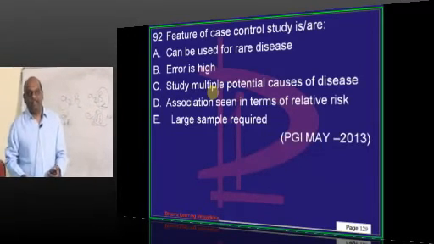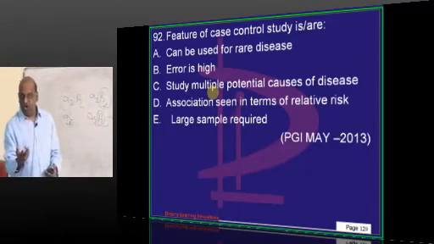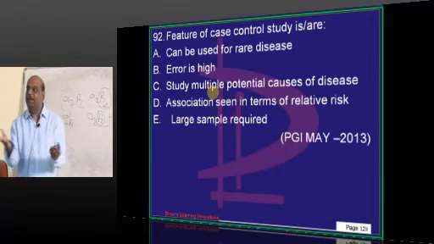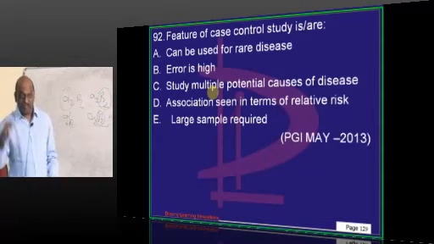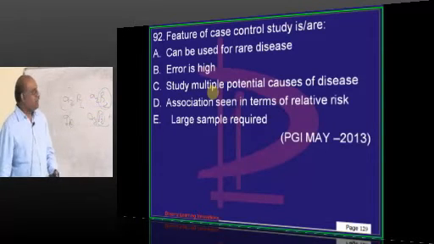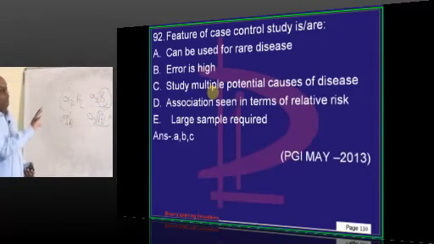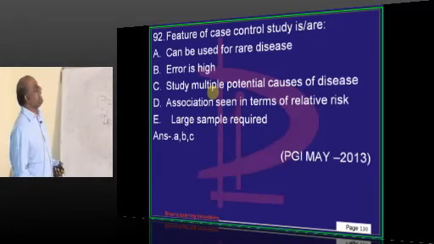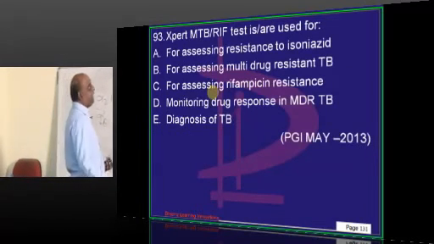It is not only one factor. Did he smoke? Did he drink? Did he drink and smoke? All the multiple factors you can study as to why he got the cancer today. So it can study multiple potential causes of the disease, not a single factor. That is the specialty of case control.